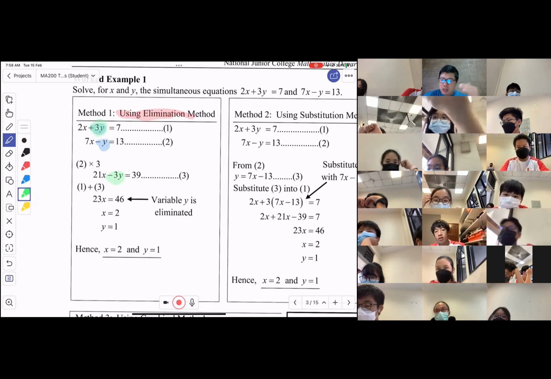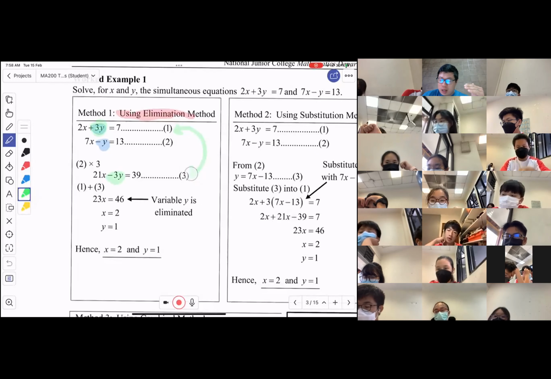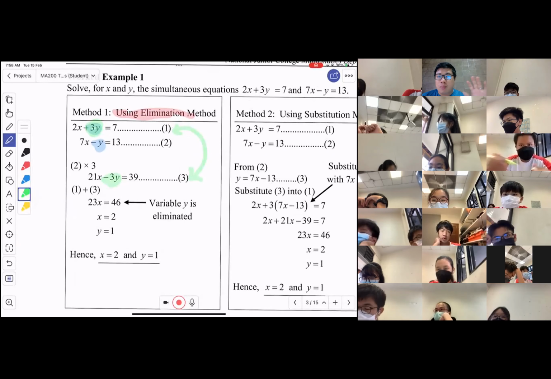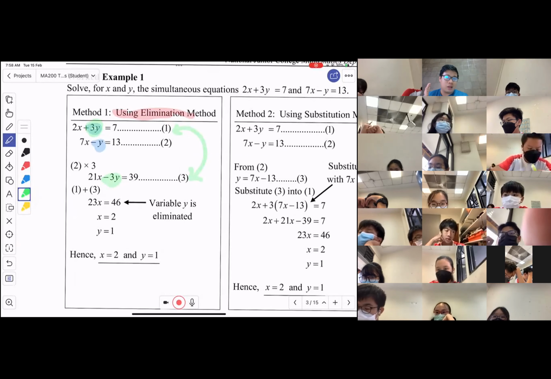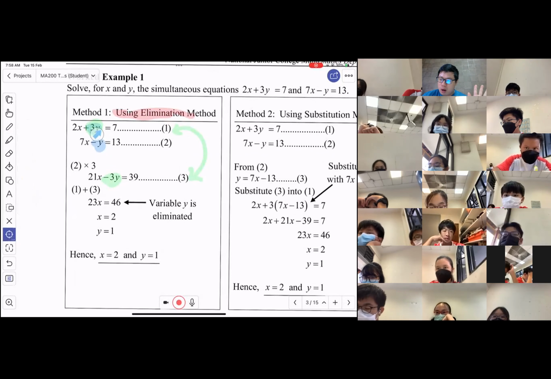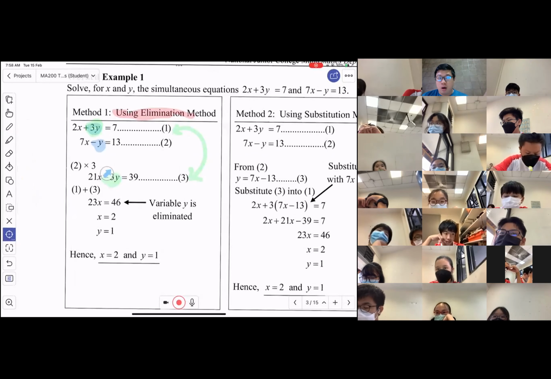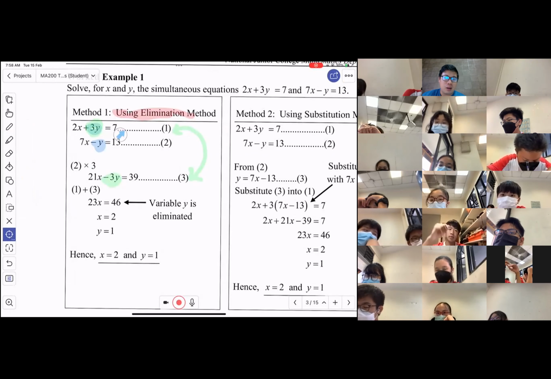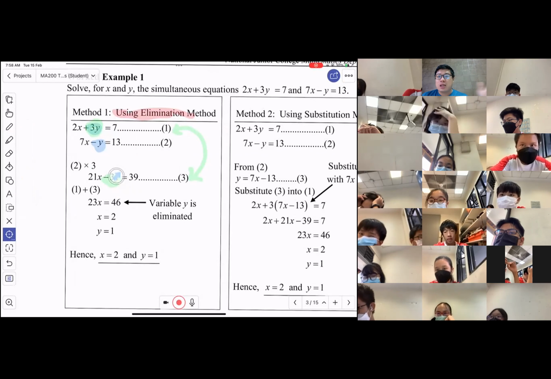After you add equation 1 and equation 3, the y will be cancelled off. So 2x plus 21x becomes 23x, and 7 plus 39 gives you 46. So this one is to create the same coefficient, then you cancel off.